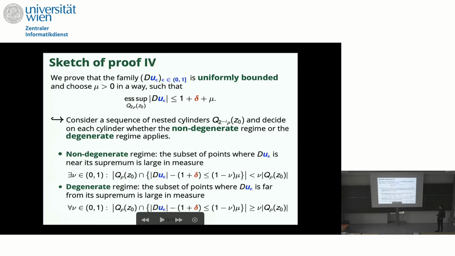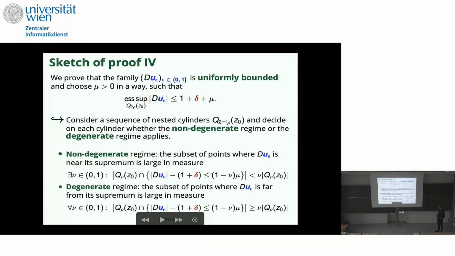Okay, as I said, we wish to do everything independently of epsilon, so it's clear that before we start, we need a uniform L infinity gradient bound for u epsilon with respect to epsilon. I do not go into detail here.